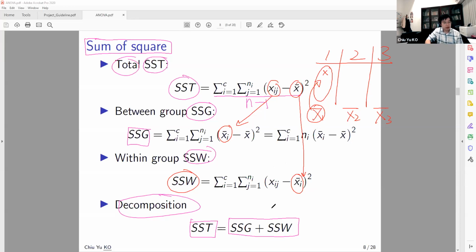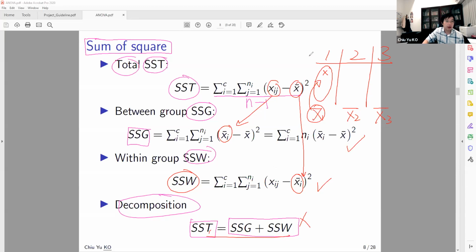It turns out we prove in the regression chapter that total variation is the sum of two parts: variation between group and variation within group. That's a very interesting result, but we are not going to prove it here; it will be given to you now.